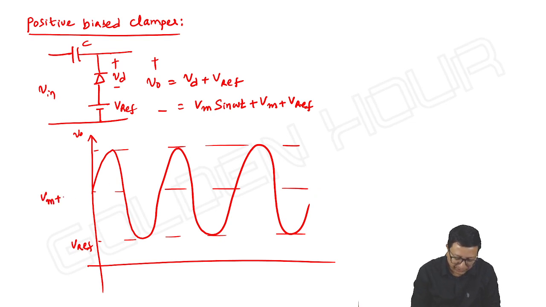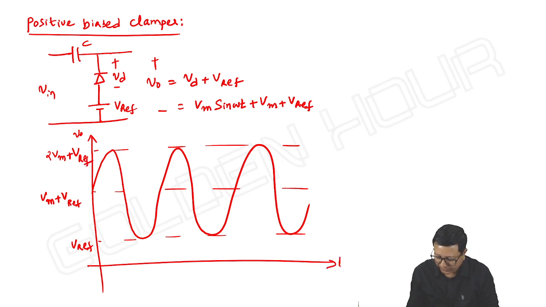It is Vm plus V reference to Vm plus V reference. That's it. This is how we can see the response of this positive biased clamper.